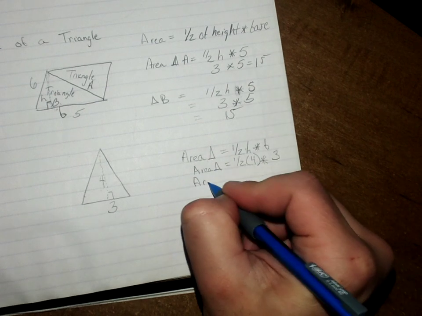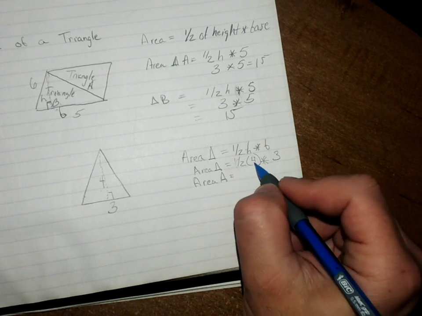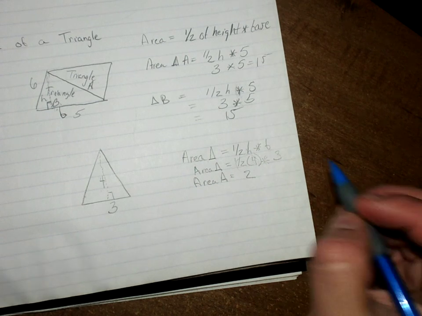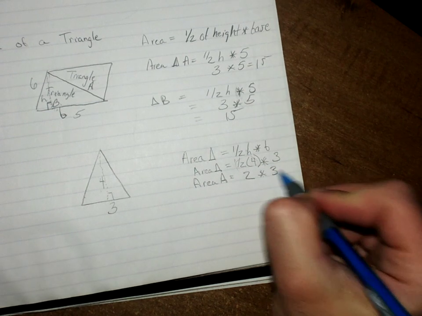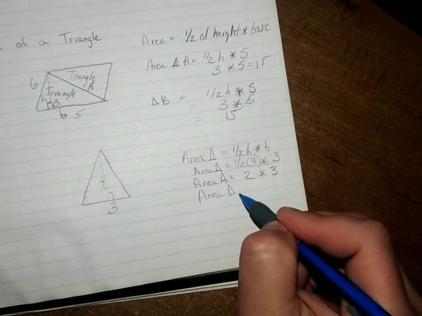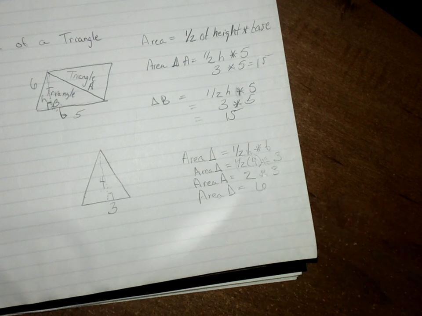So the area of the triangle ends up equaling half of 4. Half times 4 is 2. Now it's just 2 times 3. And the area of the triangle equals 6. So this answer would be 6 for the area of this triangle.